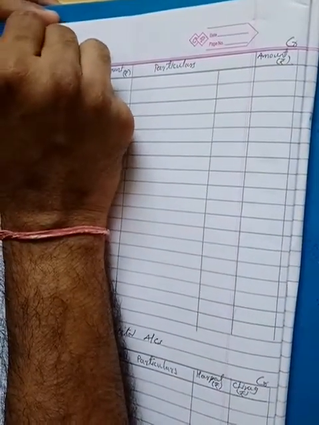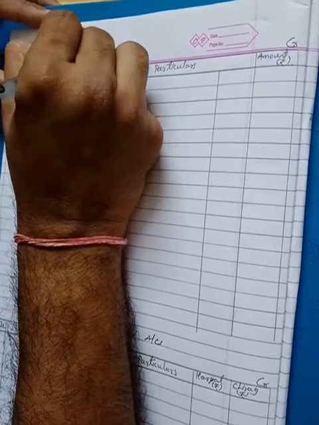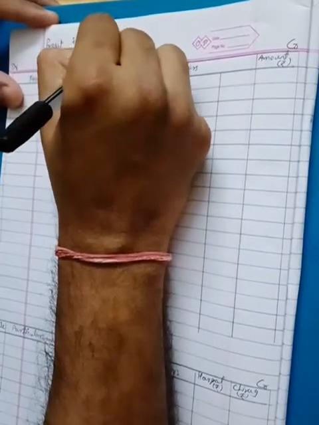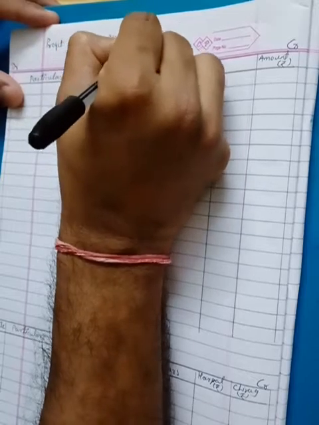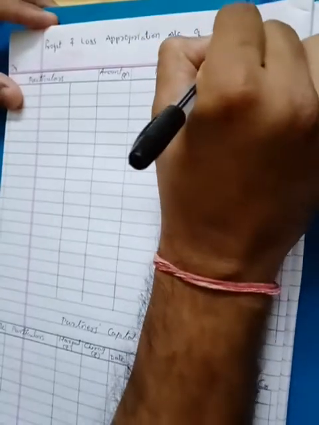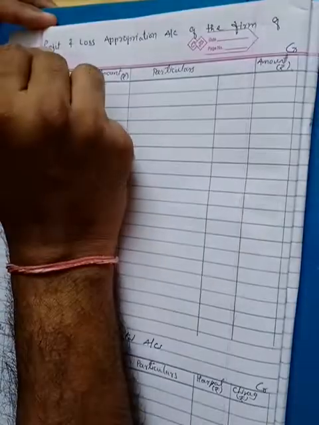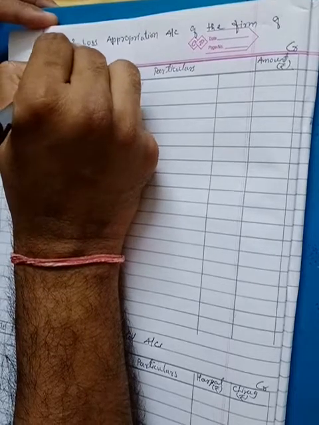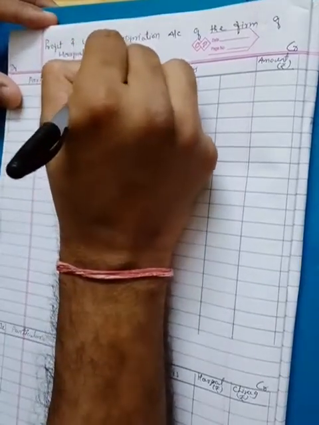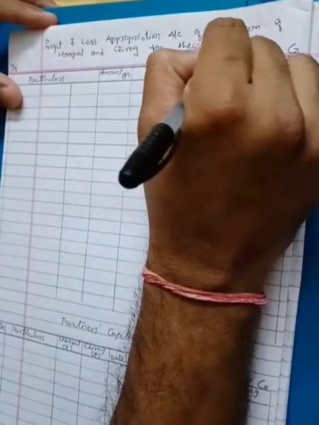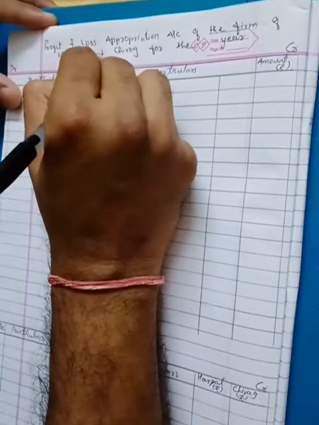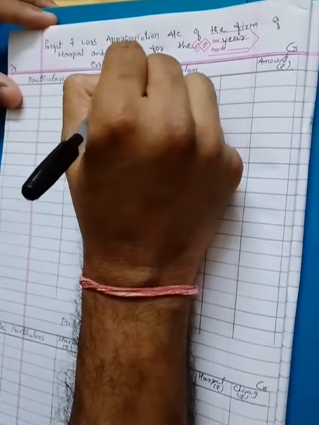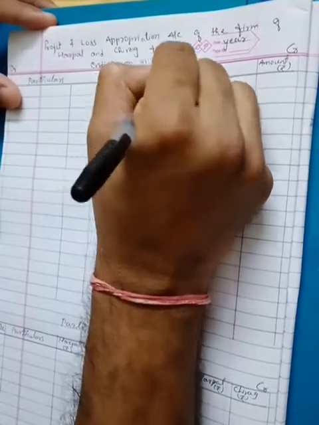You can see now: profit and loss appropriation account of the firm of Harpal and Chirag for the year ending on 31/3/17.